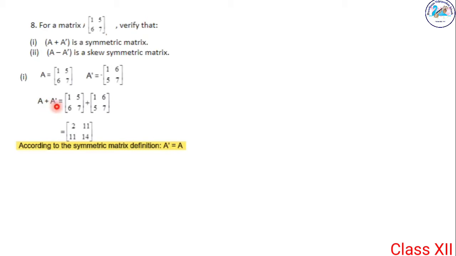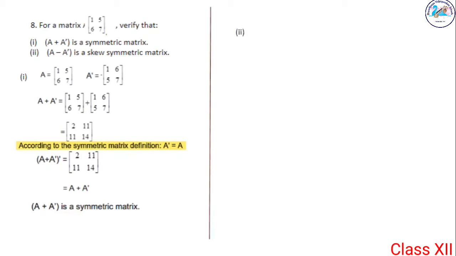We have to take the transpose of this matrix, A plus A transpose, the whole transpose. 2 11, first row will come here as first column. 11 14 here also will come as next column. When you check both A plus A transpose and A plus A transpose, the whole transpose, both are same, A plus A transpose. So what the conclusion is, it is A plus A transpose is a symmetric matrix.